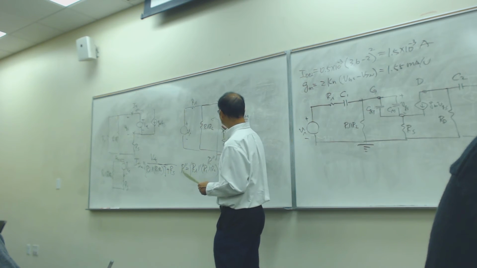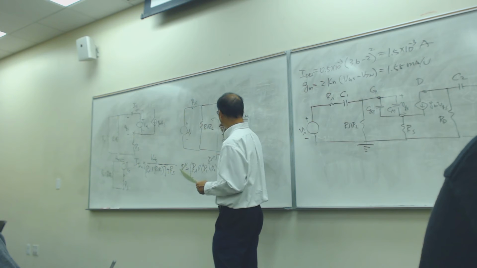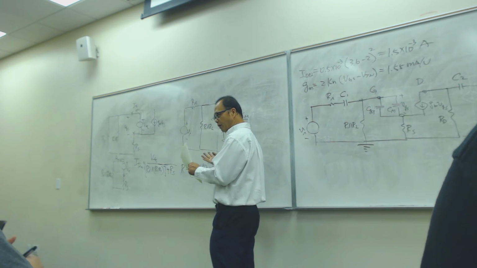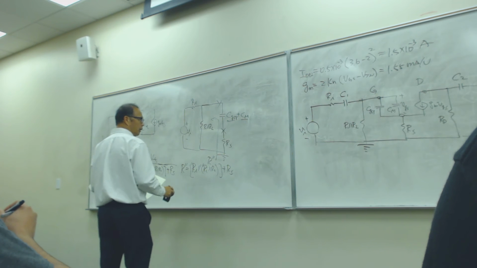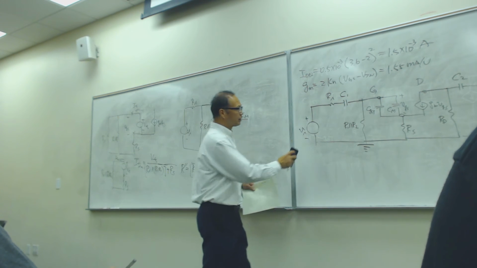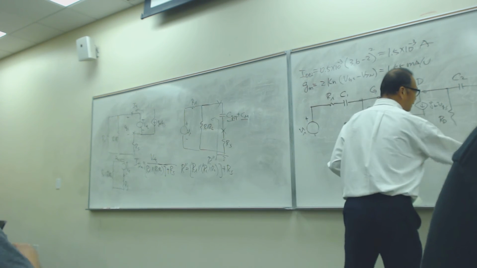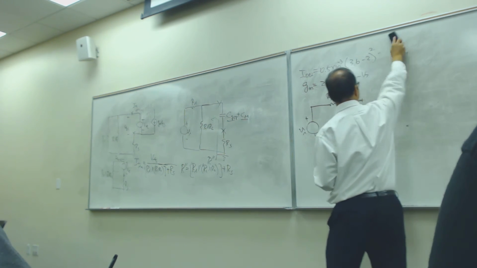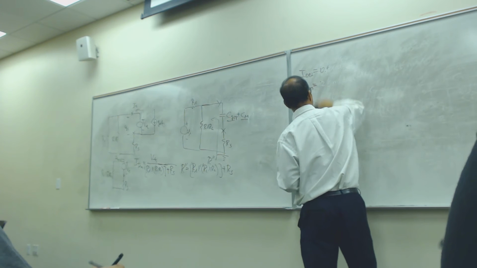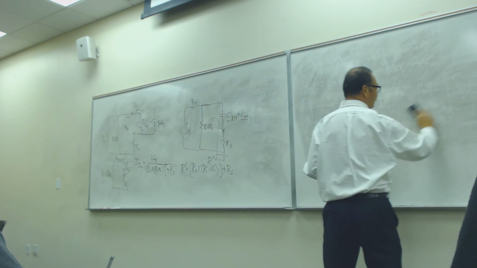When you have two in parallel, you just add them. When you have two in series, then you treat them like parallel. Okay. What else? We have not calculated C sub n, right?